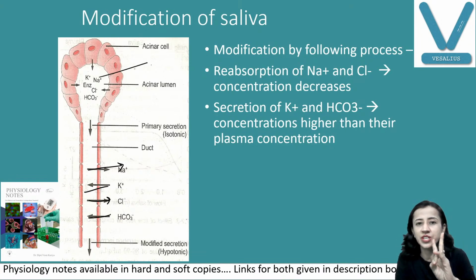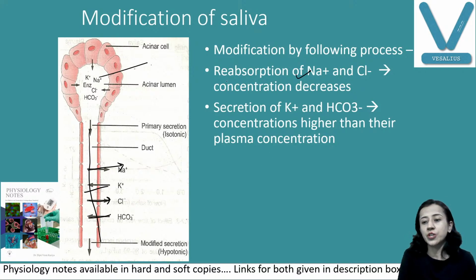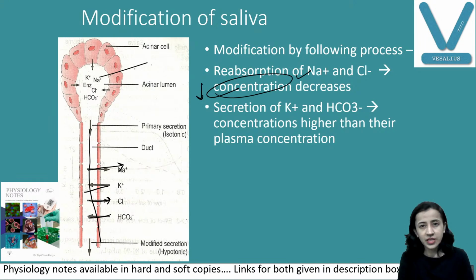These are the two things which are easy to remember. So the concentration of sodium and chloride decreases, but the concentration of potassium and bicarbonate increases. This is the normal thing that will happen.